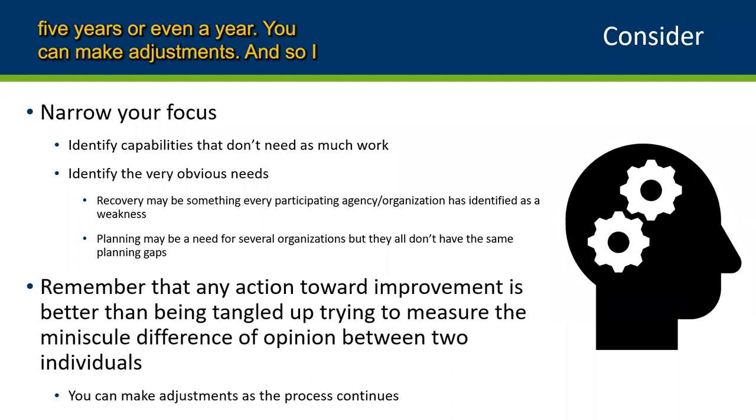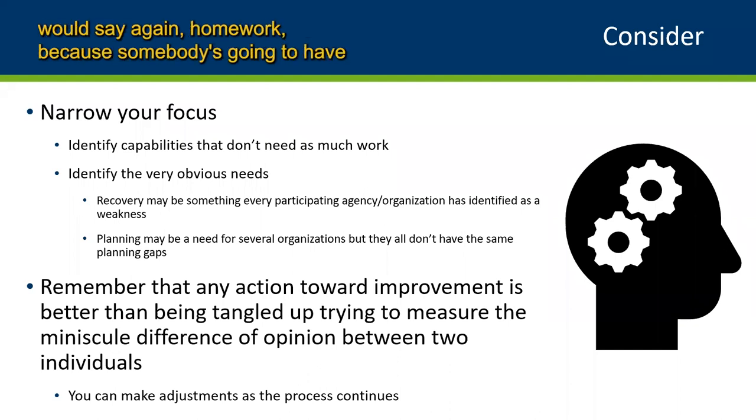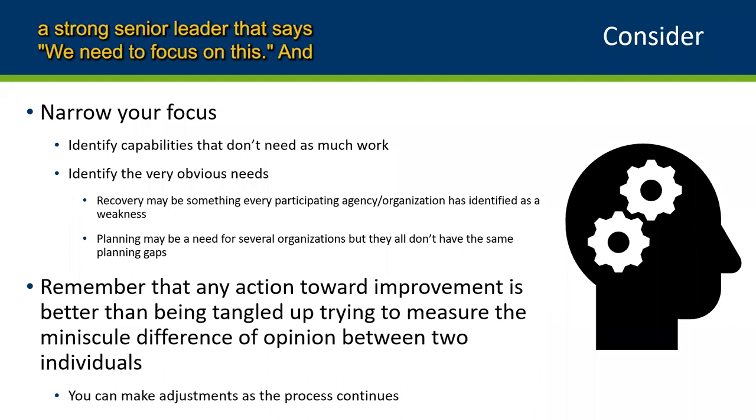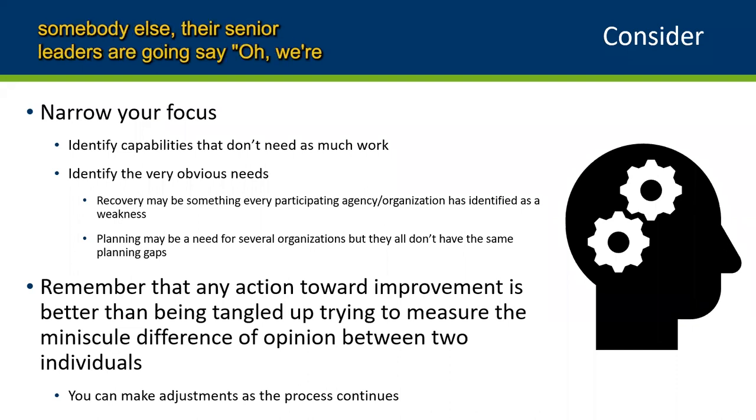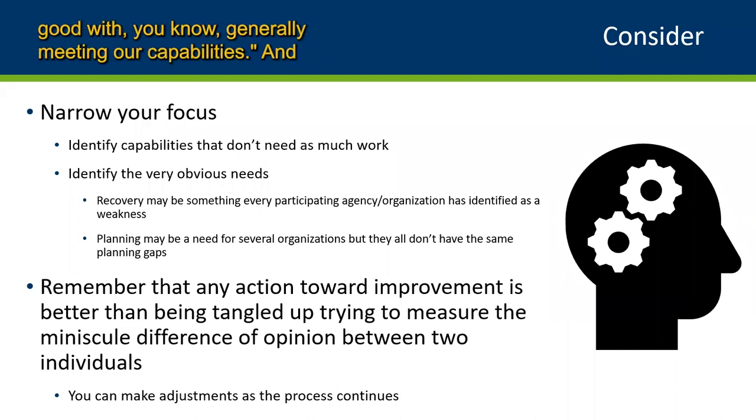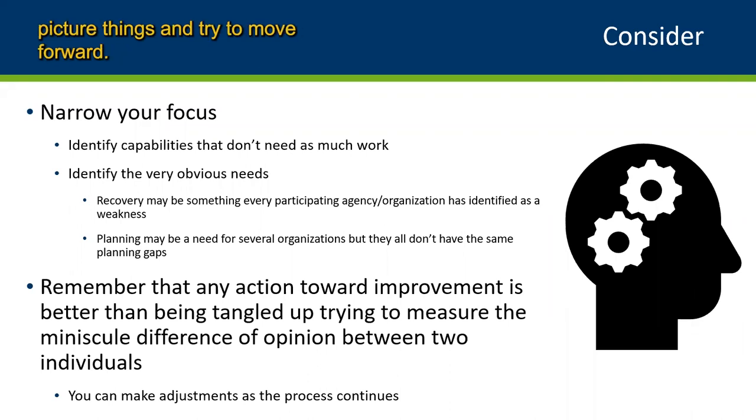You can make adjustments. And so I would say, again, homework, because somebody's going to have a strong senior leader that says we need to focus on this, and somebody else, their senior leaders are going to say, oh, we're good with generally meeting our capabilities. And so if you have that difference of opinion or difference of approach, that's okay. Just capture some of those big picture things and try to move forward.